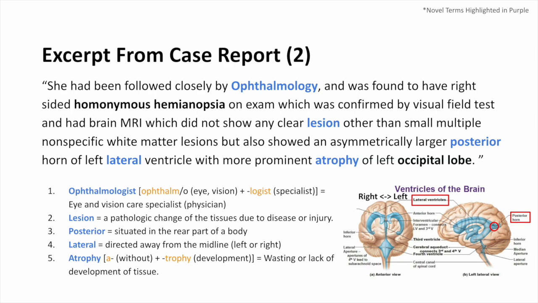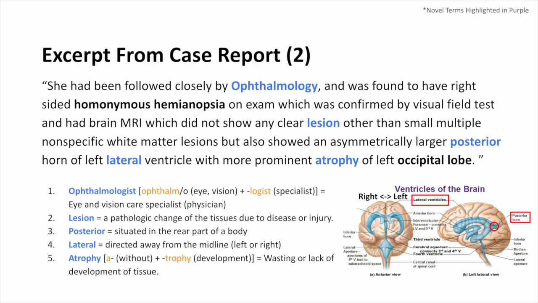And they're referring to the asymmetrically larger posterior horn of the left lateral ventricle with more prominent atrophy. So I attached the diagram to the right. Lateral ventricles are the two horn-shaped, C-shaped organs in the anterior view.